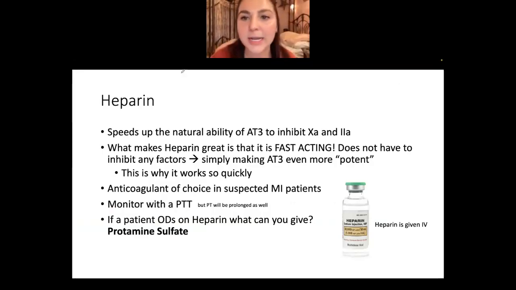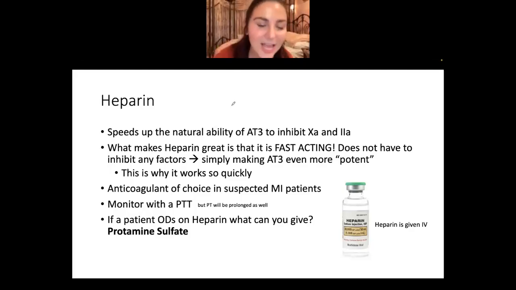So heparin, its mechanism is kind of weird, kind of odd, to be honest. Basically, this is the simplest way I can think of to explain heparin to people. It speeds up the natural ability of antithrombin 3 to inhibit 10A and 2A. So if you think about it, all it's doing is making antithrombin 3 better at being antithrombin 3.